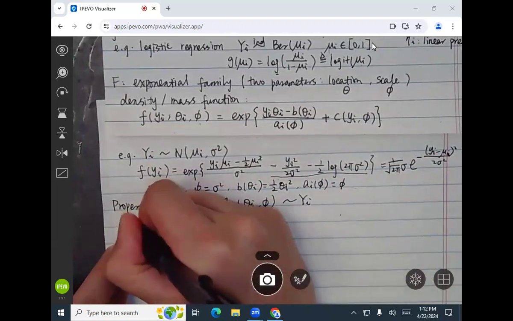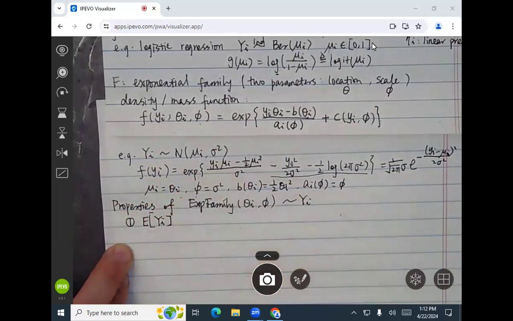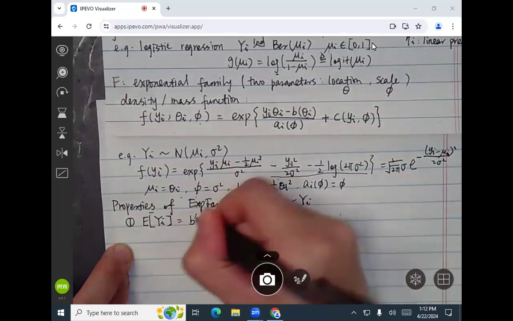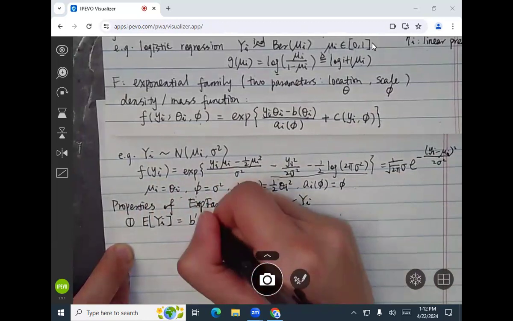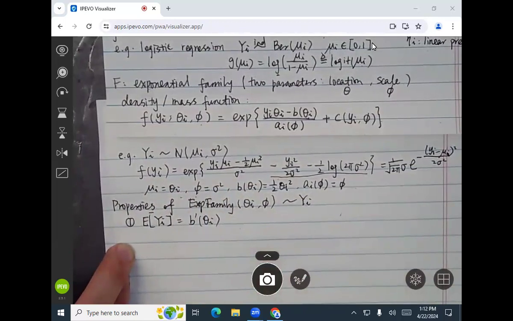The first property is about expectation. The expectation of yi is just the first derivative of the b function applied to theta i. How do we prove this property? The proof can be done by using the fact that the density function integrates to 1, and then we take the derivative of the integral of the density function.